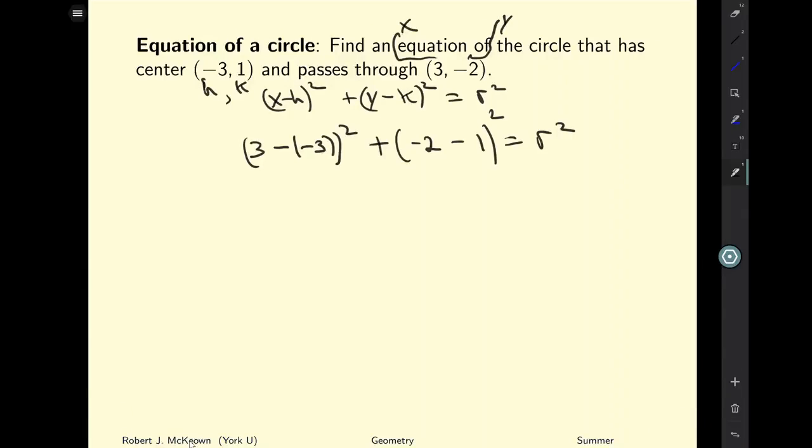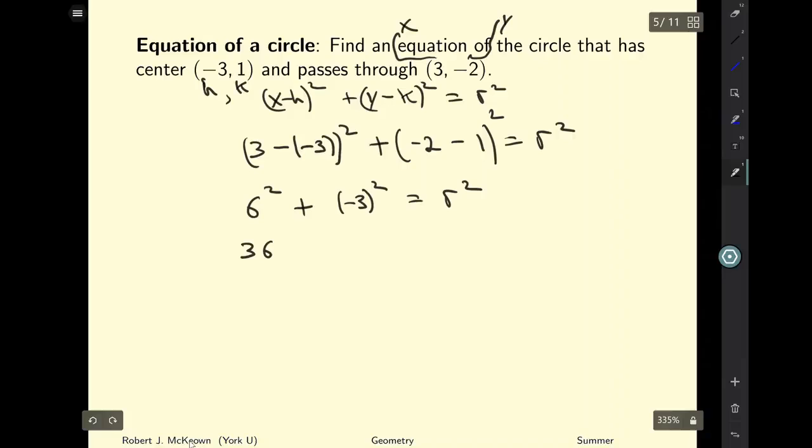Now let's simplify. So we're going to have 3 minus negative 3. That's going to give us 6 squared. And we've got negative 2 minus 3, which is going to be, well, negative 3 squared. That's going to be equal to the radius squared. Working out the exponents, we've got r squared is equal to 45.